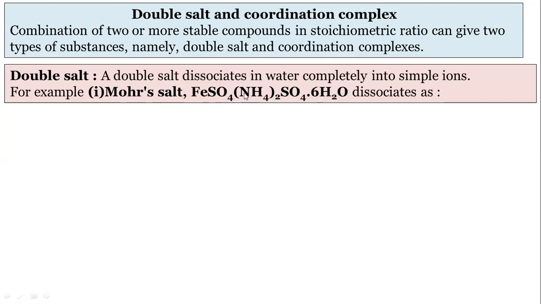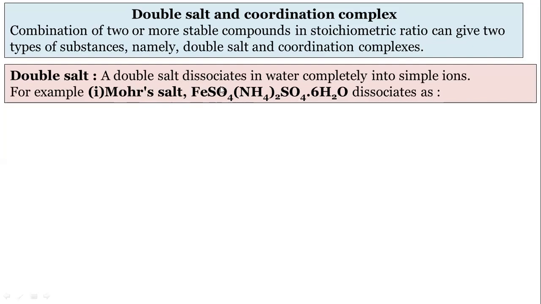So in the practical, we will prepare this Mohr salt, and for the titration also, we can prepare it. So remember, this Mohr salt is also called ferrous ammonium sulfate, FAS. The short form is FAS.